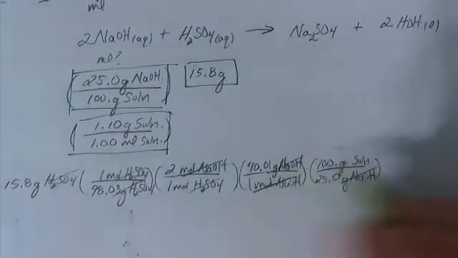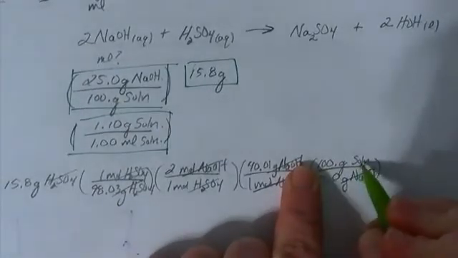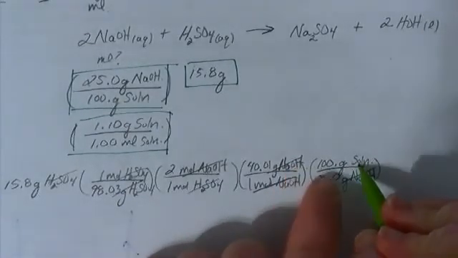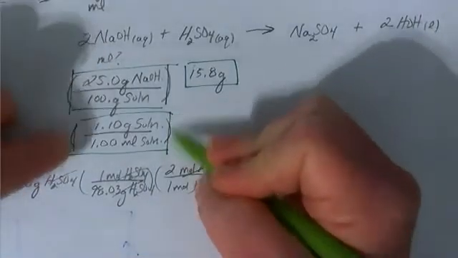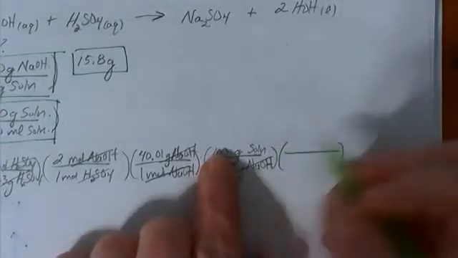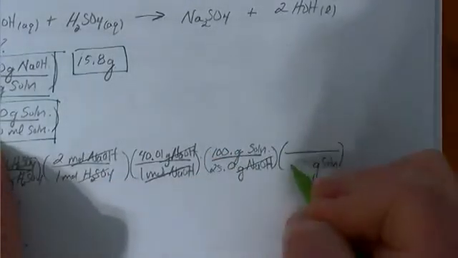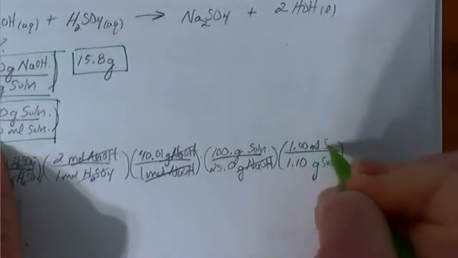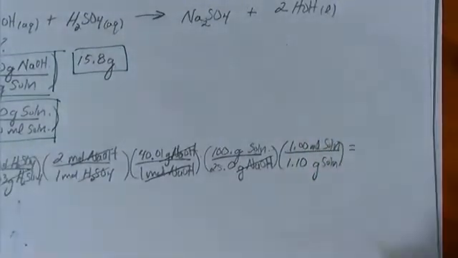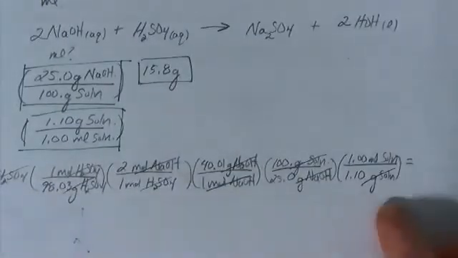That cancels grams of NaOH. I'm getting closer. Now it's grams of solution, but the question was for milliliters. Being given the density, you need grams of solution to cancel, and we were told there's 1.10 grams for every 1 milliliter.